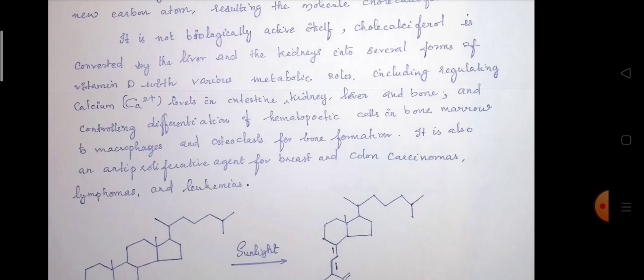Cholecalciferol is converted by liver and kidneys into several forms of vitamin D with various metabolic roles, including regulating calcium levels in intestine, kidney, liver and bone, and controlling differentiation of hematopoietic cells in bone marrow to macrophages and osteoclasts for bone formation. It is also an anti-proliferating agent for breast and colon carcinomas, lymphomas and leukemias.